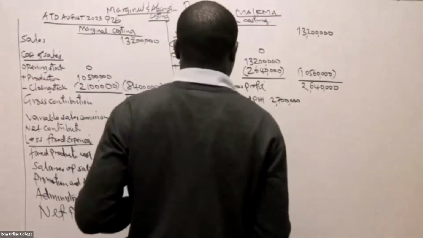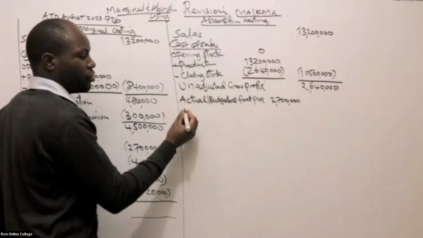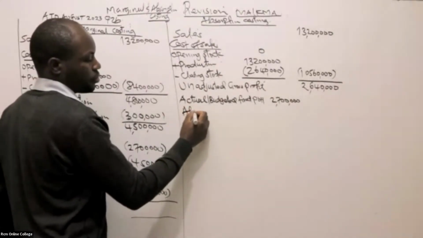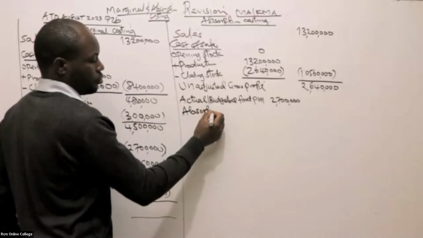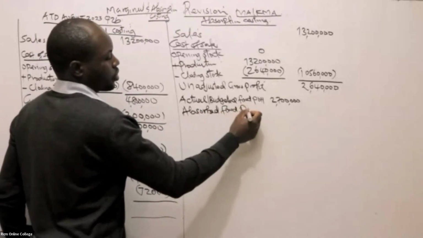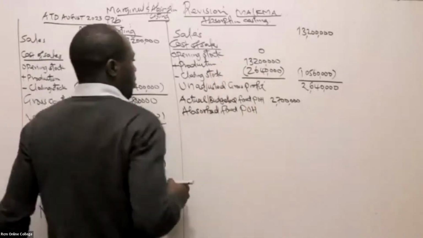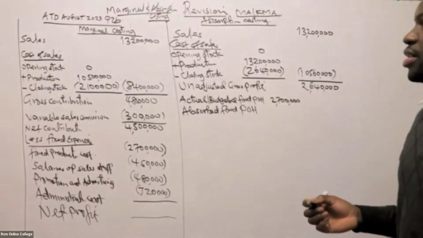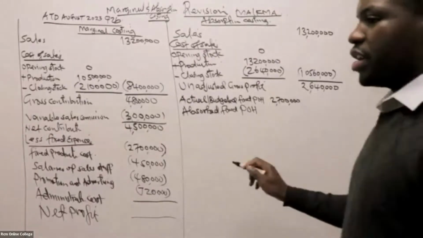Good. Then under that, we compare it with what we call fixed production overheads absorbed. Again, it is in this class that we talked about the overhead absorption rate.